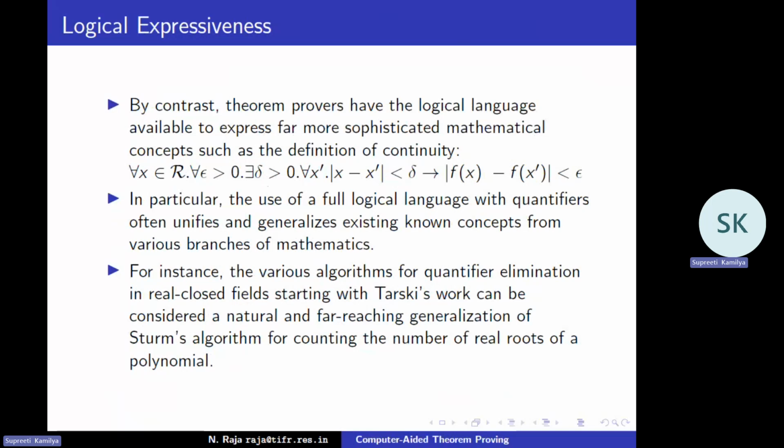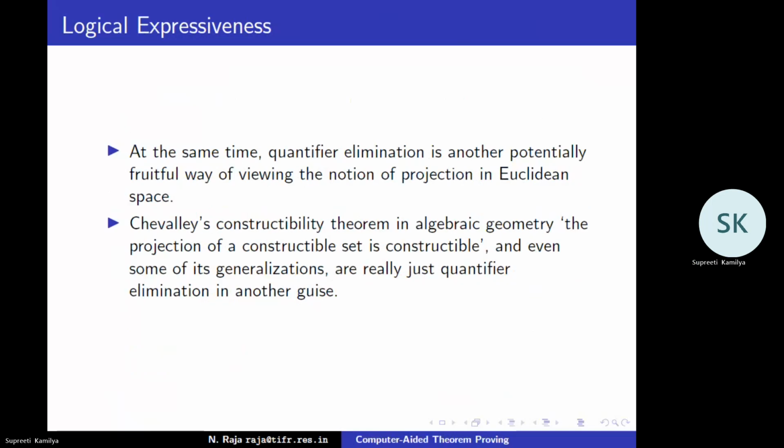These works emerged in totally different areas of mathematics, but surprisingly they seem to have a very common starting point. Similarly, people have shown that quantifier elimination is another way of viewing the notion of projection in Euclidean space, and then there is Chevalley's constructibility theorem in algebraic geometry, which again shows that we are just doing quantifier elimination in some other guise.